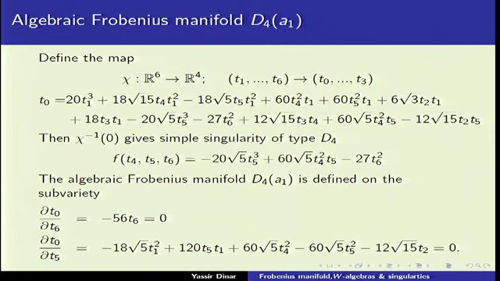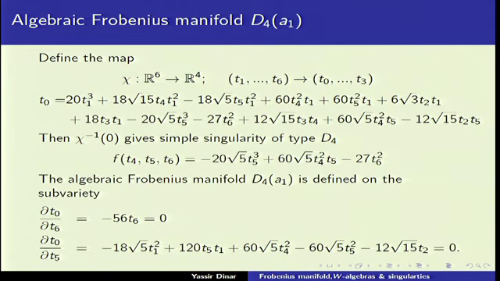This is the reduction of the invariant polynomials in Slodowy slice or Slodowy coordinates. The zero z's will give you a singularity of type D4. And the algebraic Frobenius manifold will depend on this solution. So you have to get rid of the variable T6 and the variable T5, which here is quadratic.